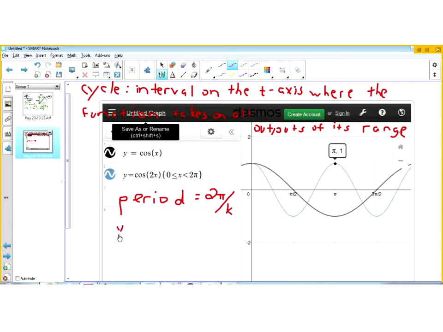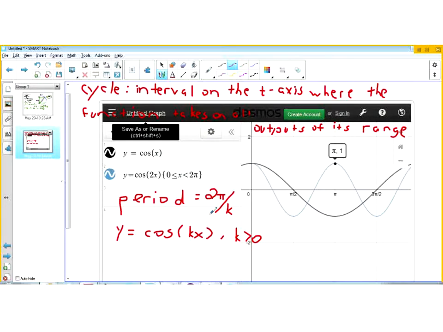Okay, and what is k? If we write y is equal to cosine kx, the period is 2 pi over k. And the assumption is that k is greater than 0.